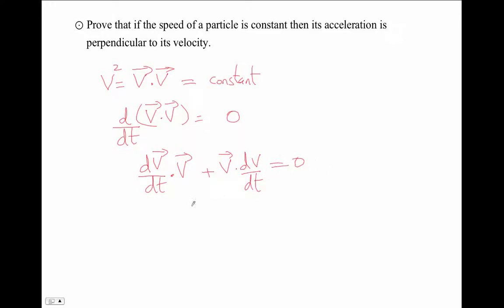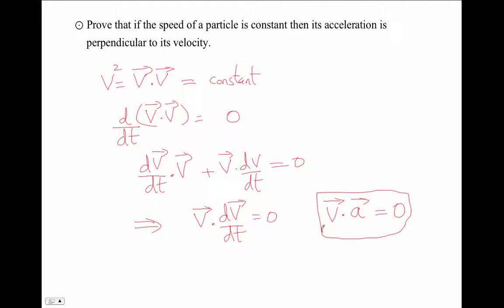So that says that we have v dot dv by dt equals 0. In other words, the velocity and the acceleration vectors are perpendicular. So that's a very important fact.